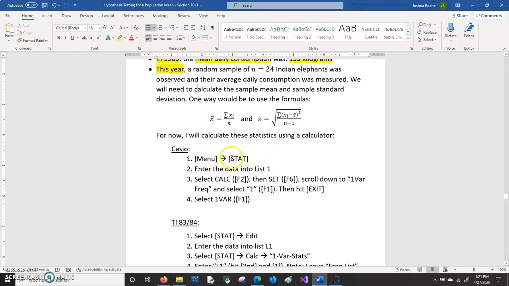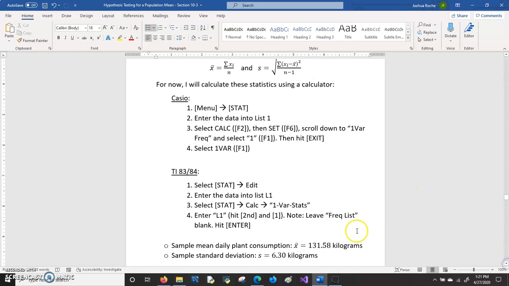On the Casio calculator, these are the steps that you would take to calculate the mean and the standard deviation. These are the steps on the TI graphing calculator. And when you do calculate the mean and standard deviation, the sample mean comes out to 131.58 kilograms, and the standard deviation comes out to 6.30 kilograms.